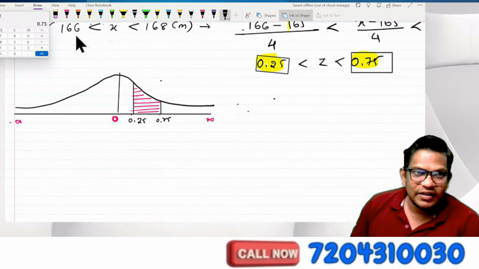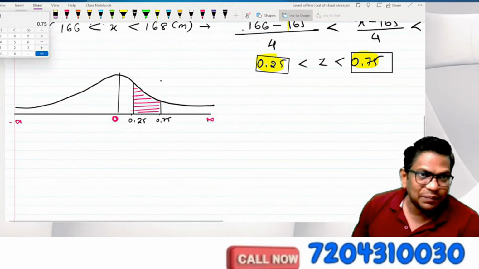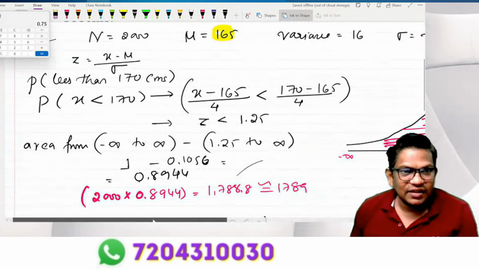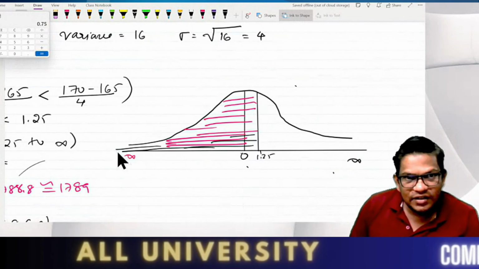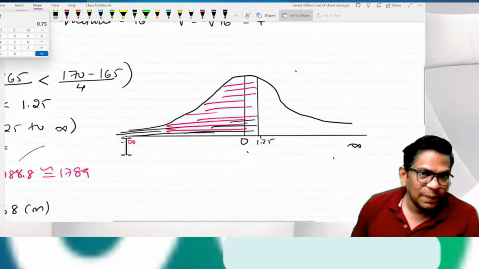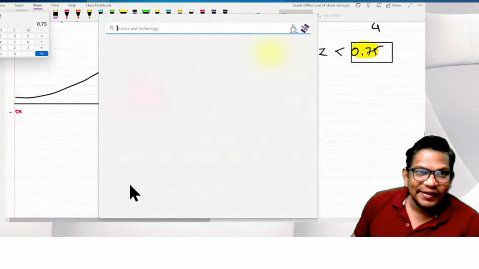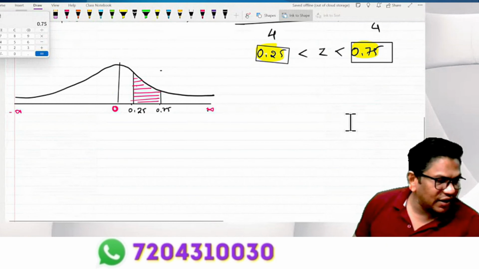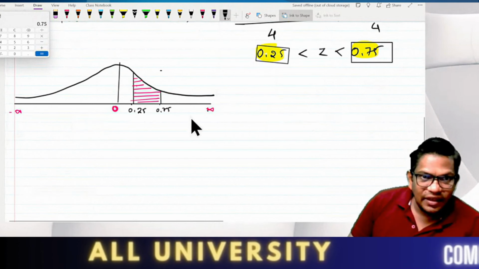Because it is restricted to this shaded area, right? In the previous problem, it was going this side, negative infinity till infinity. Now बच्चों, the area is limited to this area, right? So what we do is, look at that.